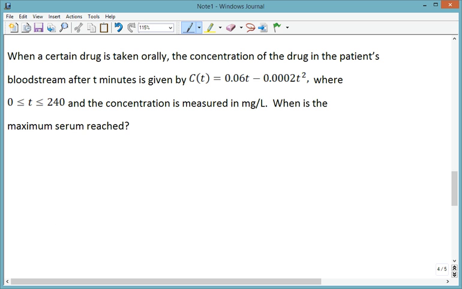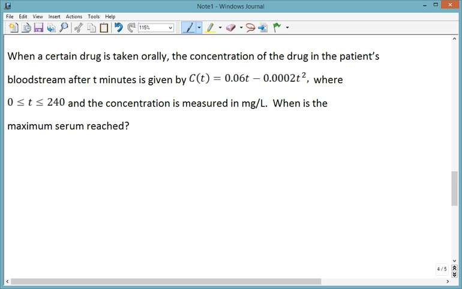this is a situation where we have a drug. So, of course, when you first take the drug, you wouldn't have any of the drug in your bloodstream. And as you swallow it and it dissolves and it gets into your bloodstream, it rises. But at a certain point, it reaches a peak, and then it starts getting out of your bloodstream.